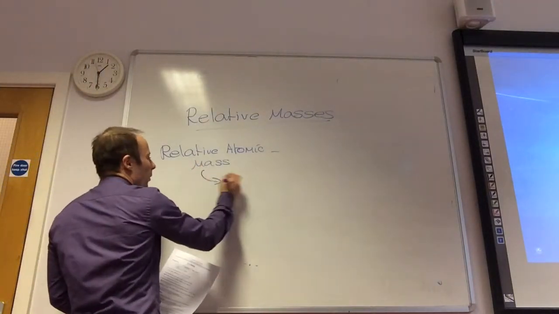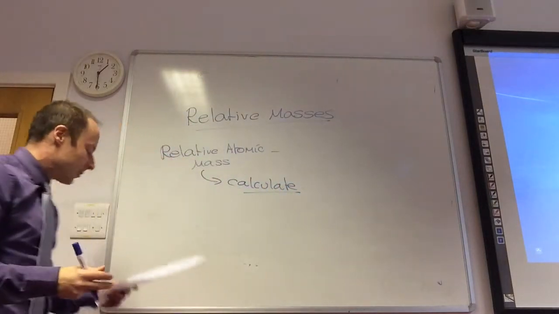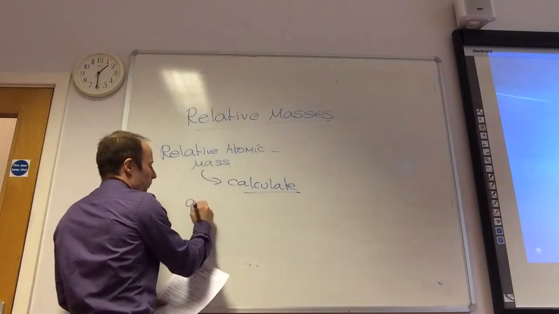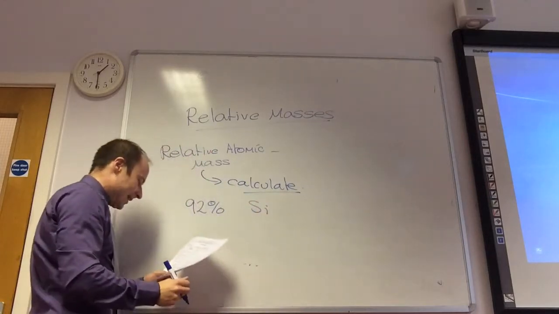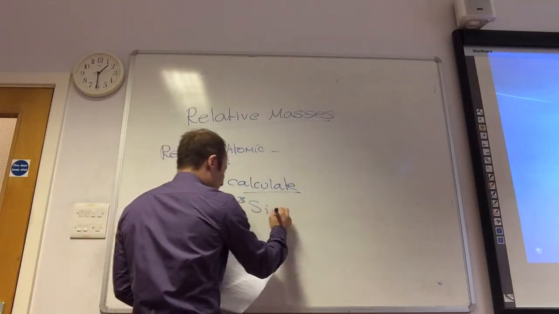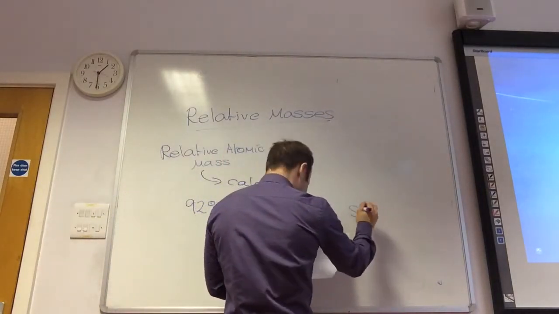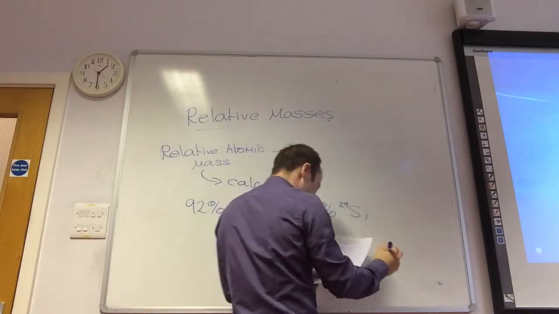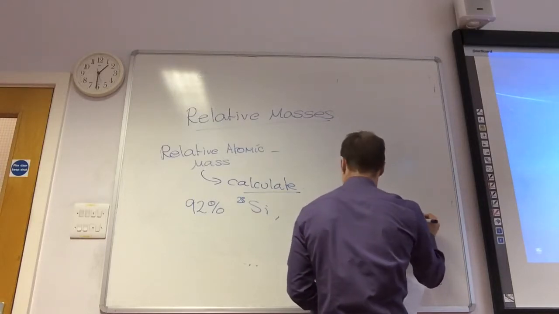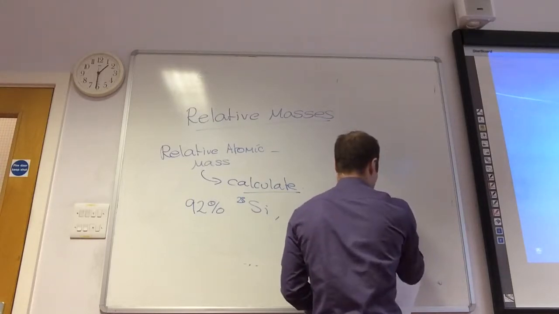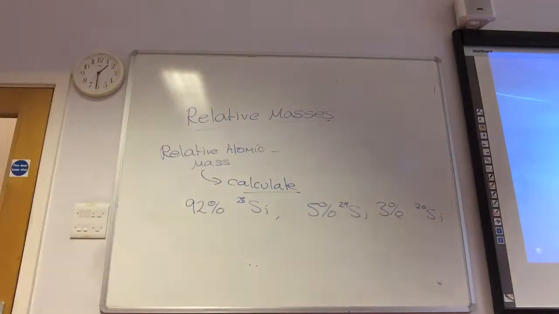What they often want you to do is calculate the relative atomic mass. So sometimes they say, okay, you've got 3 isotopes. In a sample of silicon, 92% of it is silicon-28, 5% is silicon-29, and that leaves 3% of silicon-30.